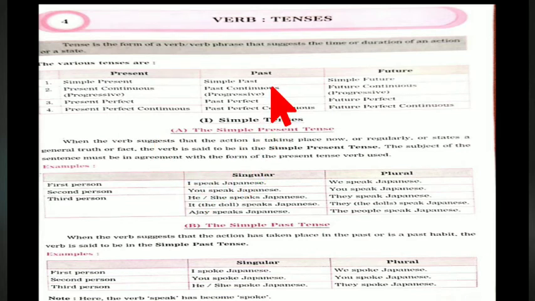Past: simple past, past progressive, past perfect, past perfect continuous. Then simple future, future continuous or progressive, future perfect continuous. Now, if we look at the tense, we saw that there are in all 12 forms of tenses.